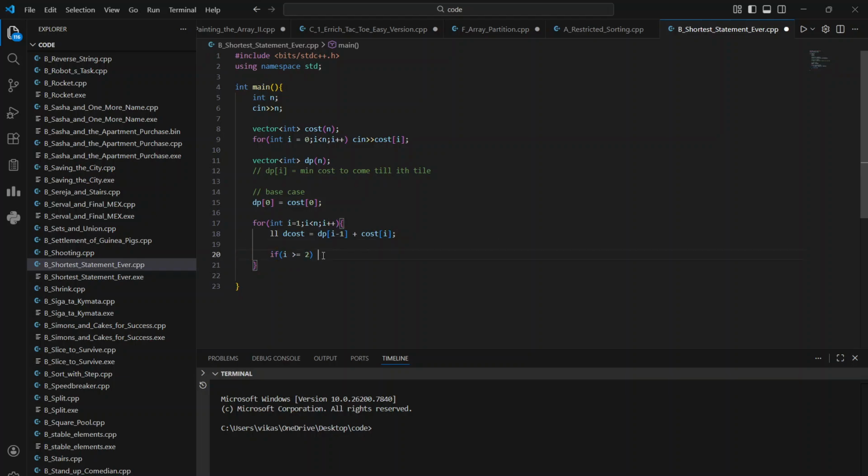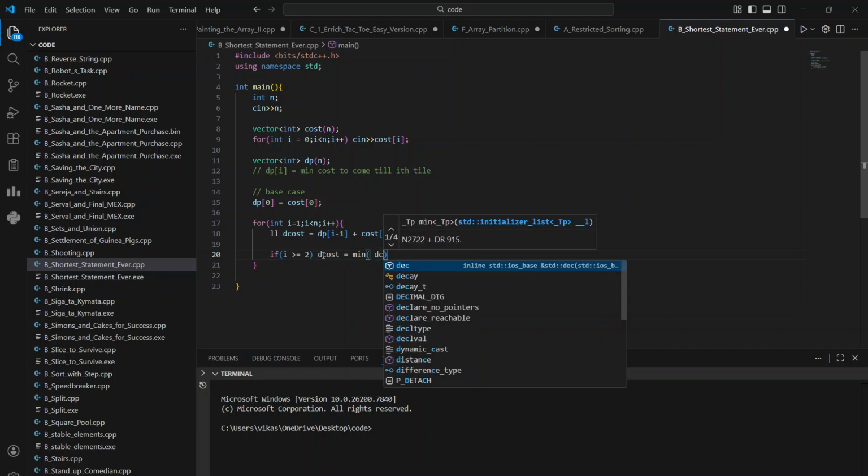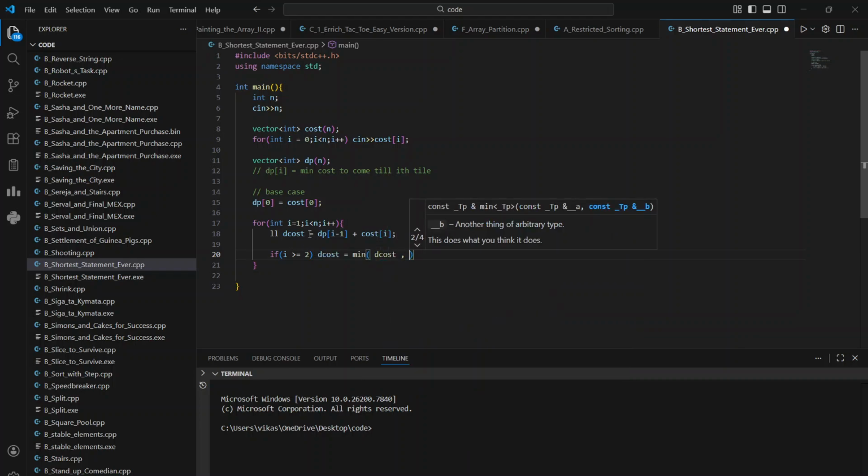So this is the if condition you have to write, and then the d cost is going to be the minimum of the cost initially, which was this one, and the cost which is now when you come from the i minus 2 tile, this one plus cost of i. That's it.